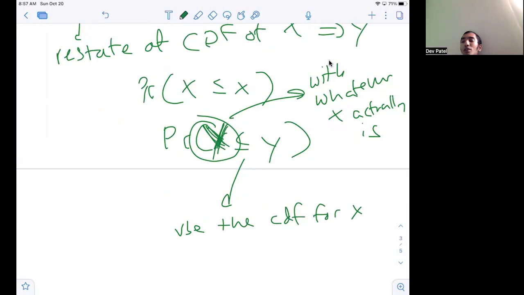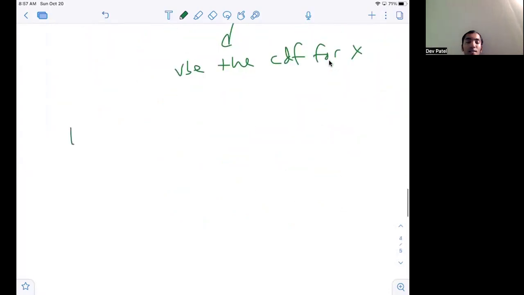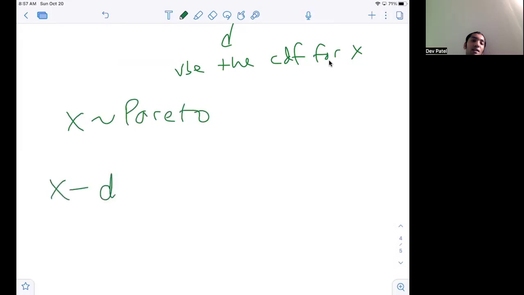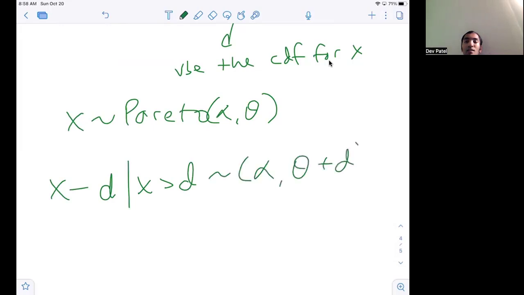So if x is a Pareto distribution, then x minus d, given that x is greater than d, if x is Pareto of alpha, theta, is going to follow Pareto of alpha, theta plus d. So it's that shift we see.